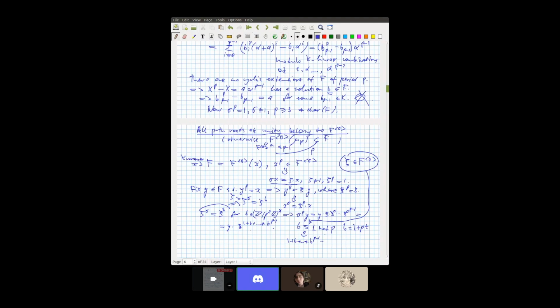It is congruent to p, so I sum up all these ones p times, and then plus p times 1 plus 2 plus and so on plus p minus 1, modulo p square.